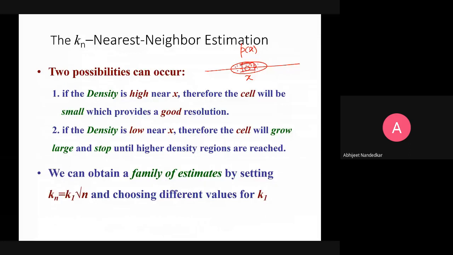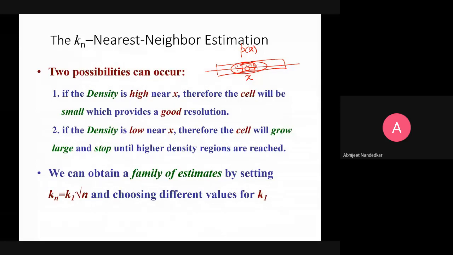A very small volume is sufficient, and you get a very good estimation when you have more samples. When you have low sample density around x, then you need to grow this window. You have to form a big window around it, and your estimation is not that good.